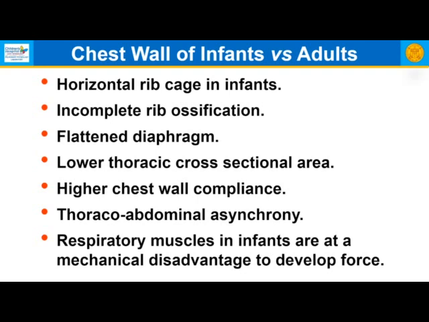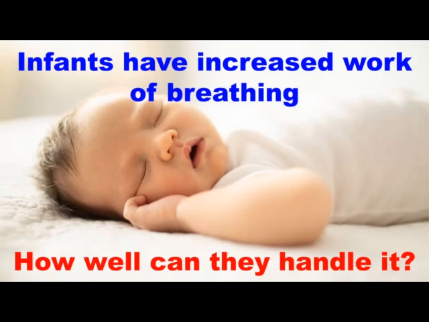The respiratory muscles in infants are at a mechanical disadvantage to develop force because of the differences in the chest wall. Infants have increased work of breathing, therefore. How well can they handle it?